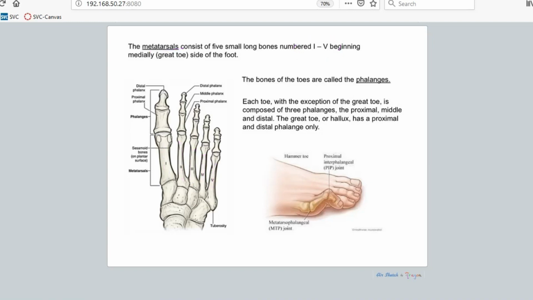And then with respect to the phalanges, each of these toes is made up of 3 phalanges. 1, 2, 3, 1, 2, 3, all the way over, except we have one exception. What's the exception? The exception is the big toe, or the great toe, or the hallux, and this has a proximal and distal phalange only.